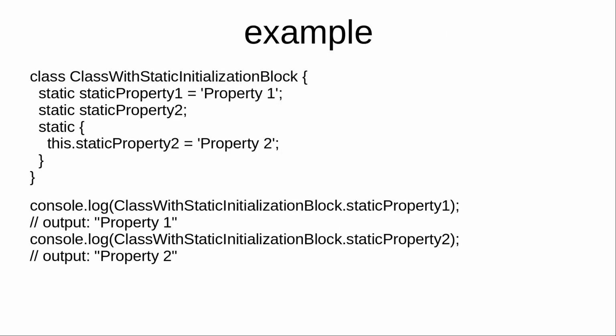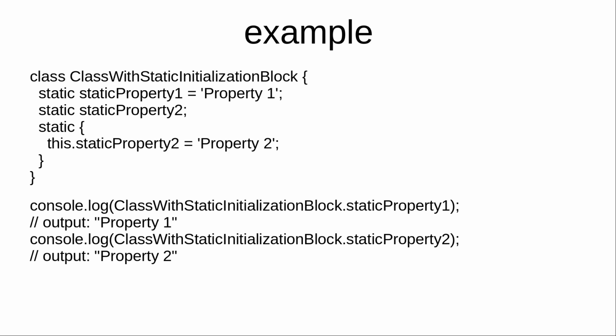So let's look at this example. We have a class with the name class with static initialization block, and within that class I have static property 1 variable, and I have given it a string property 1. Then I have static property 2 variable, which is an empty variable.